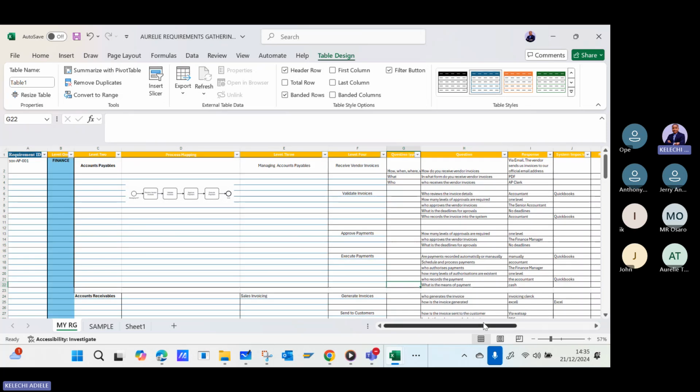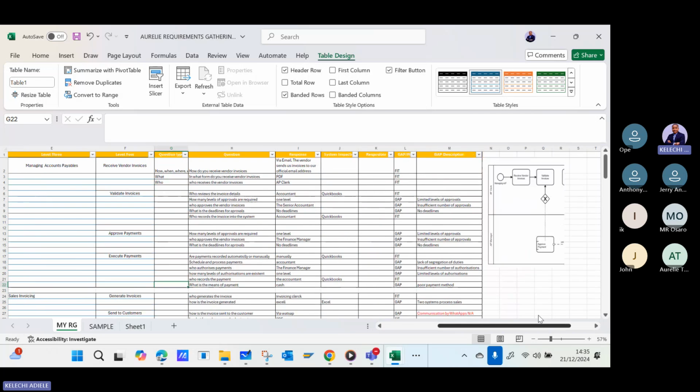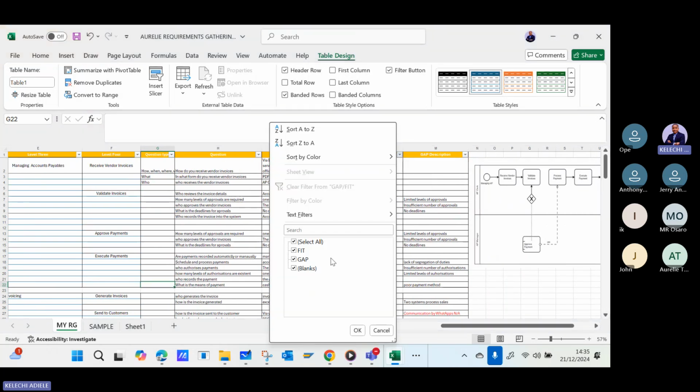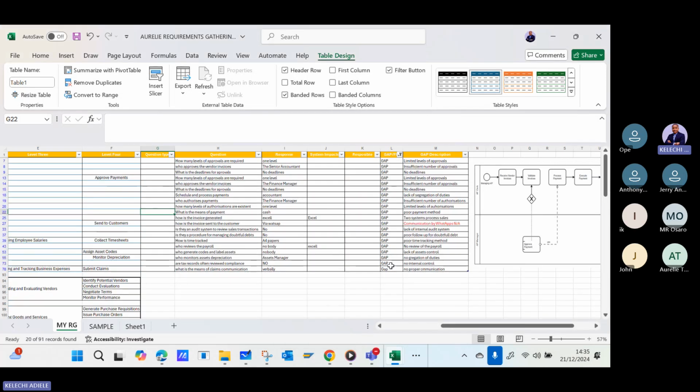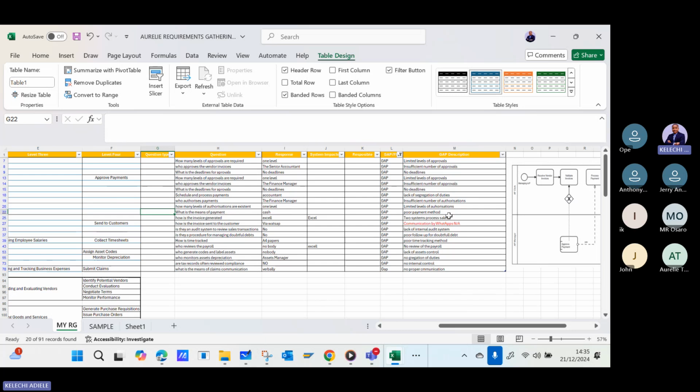So I formatted this table. If you check here, if you drop here, you're going to see fit gap. So if I remove all the fits and the blanks, it's going to sort all the gaps. So I now have all the gaps. So the question is, how do we deal with all these gaps?